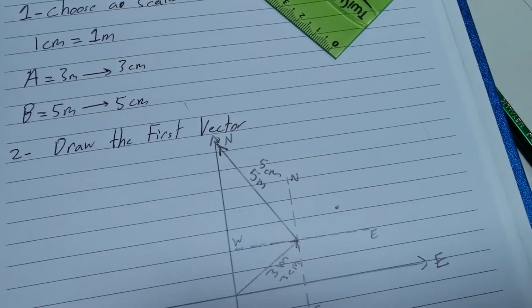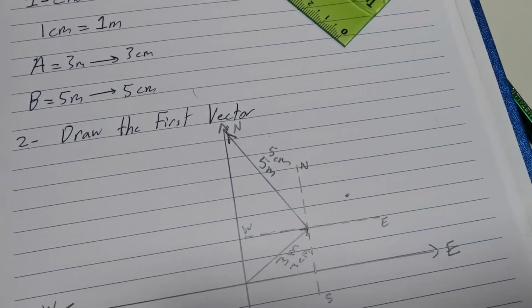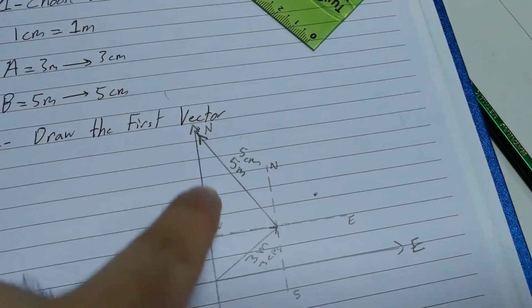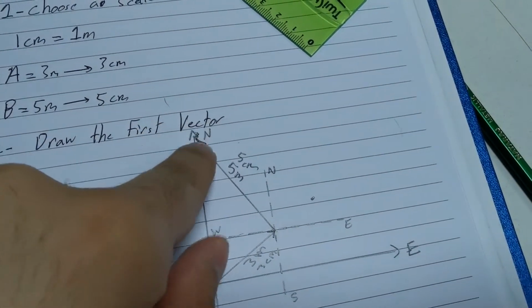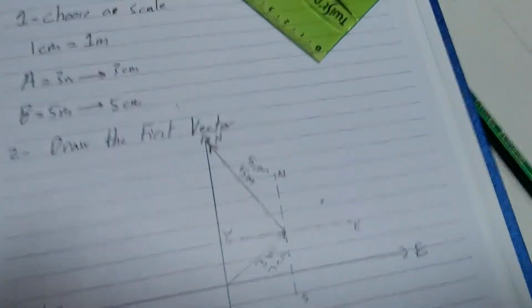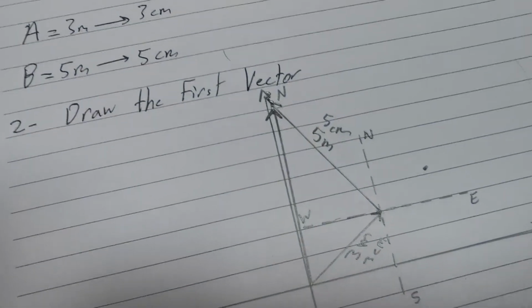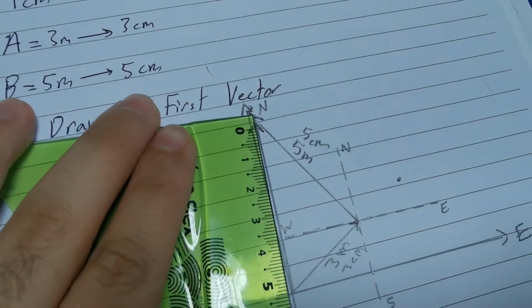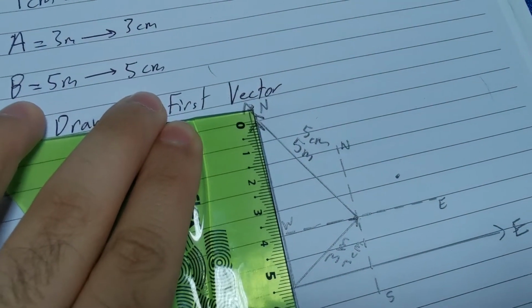Now I need to find the resultant. How do I find the resultant? I connect from my starting point to my ending point, and the head of the resultant is on the ending point itself. Here is my resultant vector. How do I find its magnitude? I use a ruler. So I measure all the length of it.